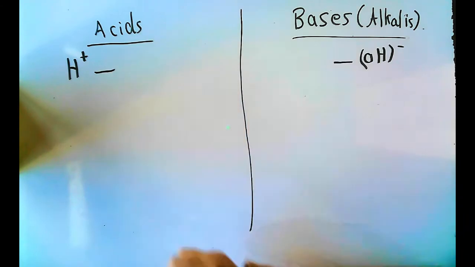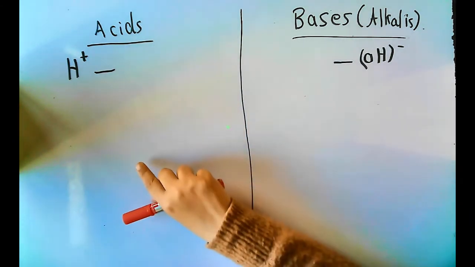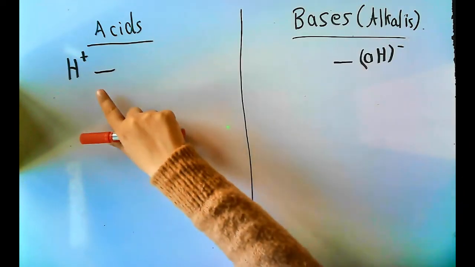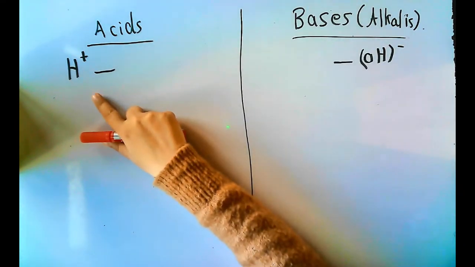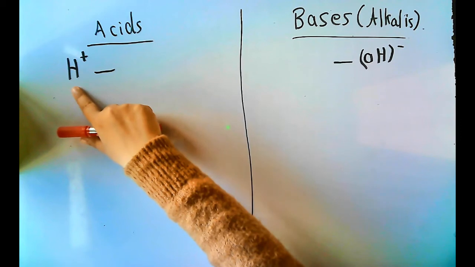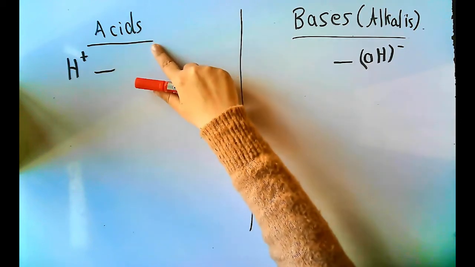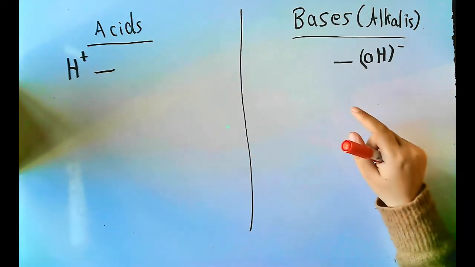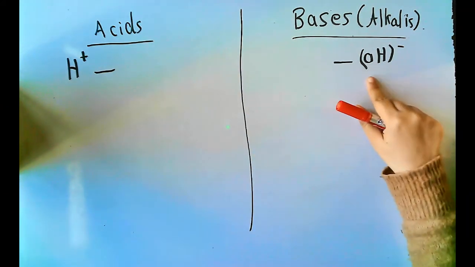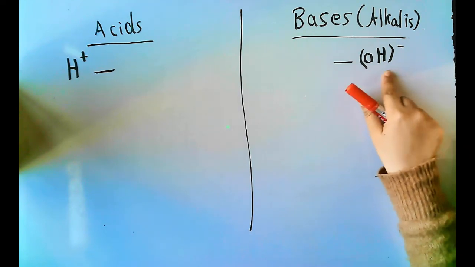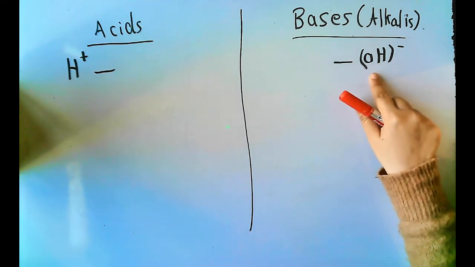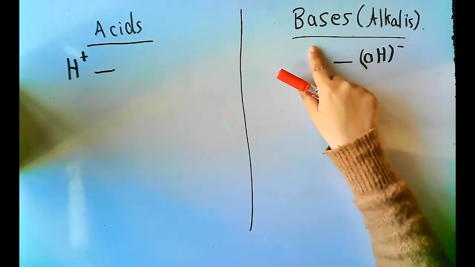Acids are substances or materials which dissociate in water forming positive hydrogen ion. So whenever I see positive hydrogen ion, I'm talking about acids. But bases are substances which dissociate in water producing negative hydroxide ion. So whenever I see negative hydroxide ion, I'm talking about bases or alkalis.